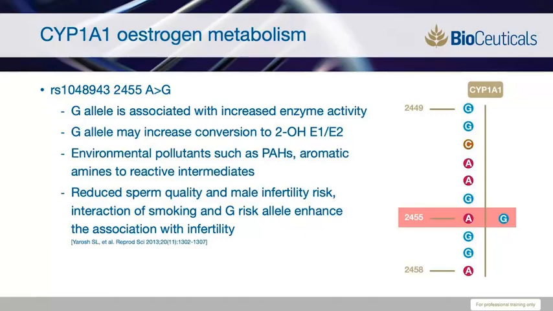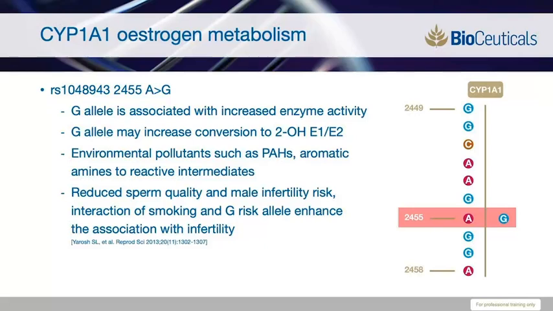The G allele may also increase the conversion of that 2-hydroxy metabolite, as I mentioned, but also know that the cytochrome P450-1A1, 1A2, which we'll mention later, particularly in relation to caffeine, and 1B1, yes, they metabolise the estrogens, but they also help us to break down or metabolise what are known as polycyclic aromatic hydrocarbons. So these are your benzenes, your cigarette smoke, burnt meats, things like that, as well as other aromatic amines and reactive intermediates.